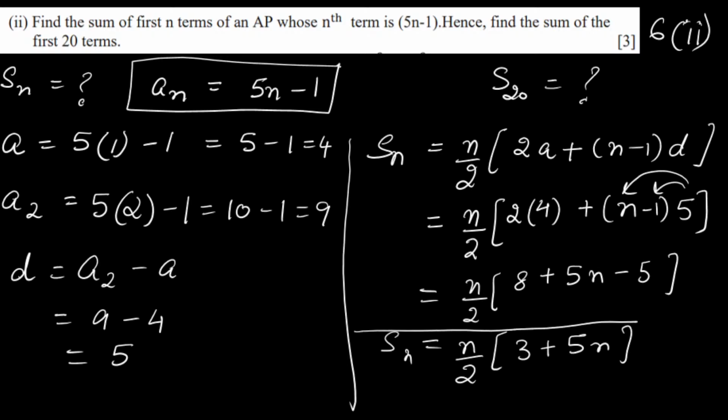Further, no need of solving it. So what's the value of Sn? I've gotten here n by 2 into 3 plus 5n. I hope you are getting the same one.